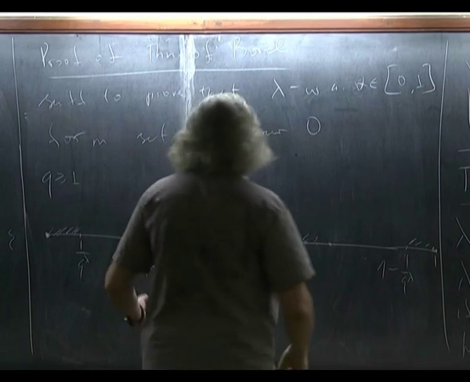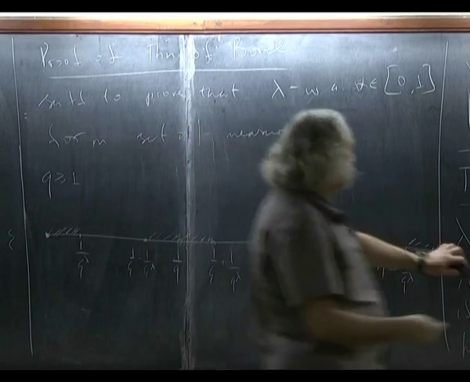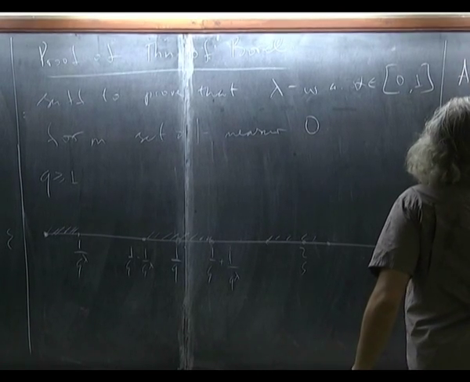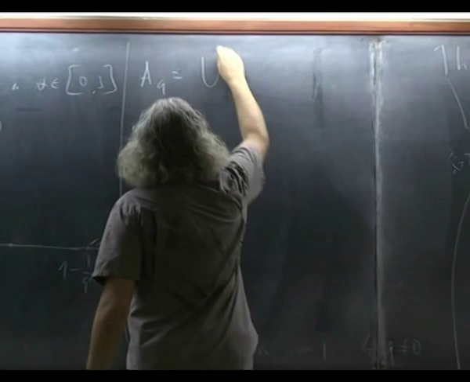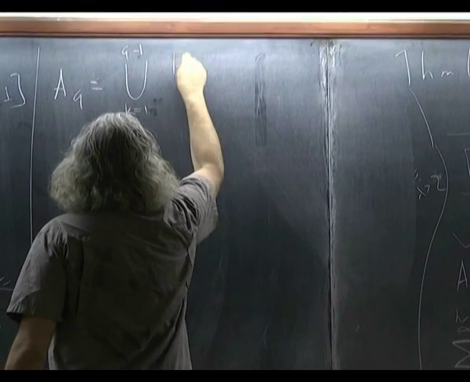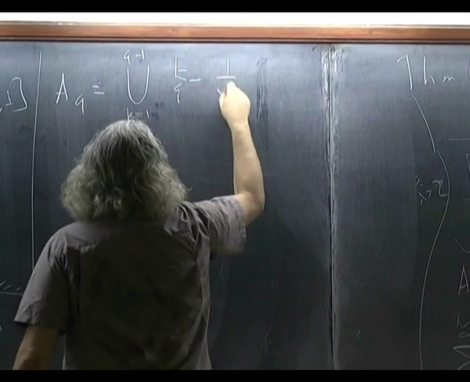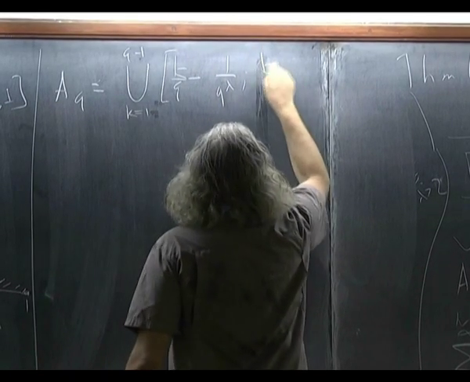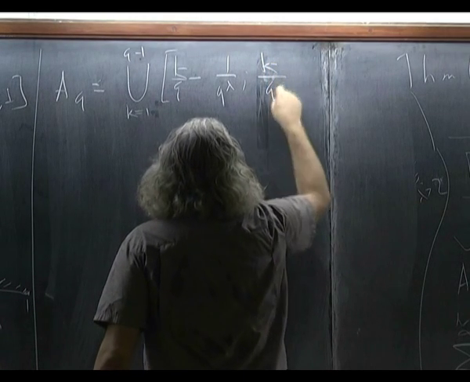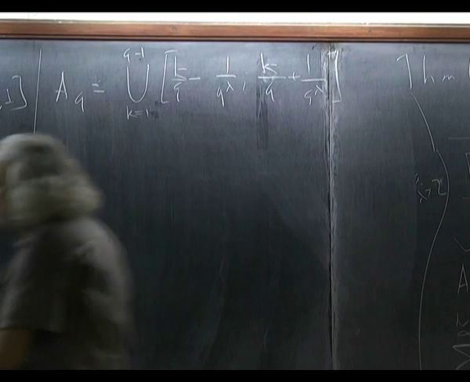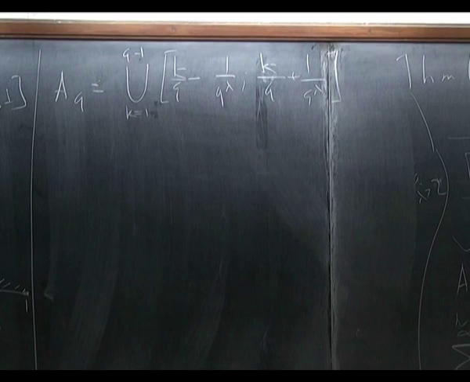So in symbols it will be, call it A_Q, the union from K to Q minus 1 of the interval from K over Q minus 1 over Q lambda to K over Q plus 1 over Q lambda, and also two halves, half near 0 and half near 1.